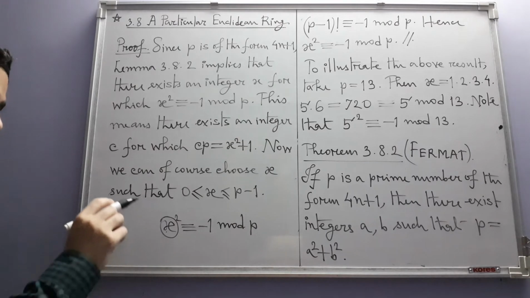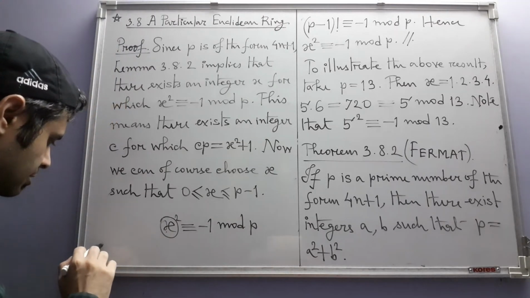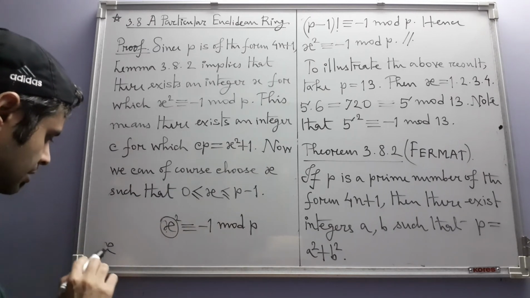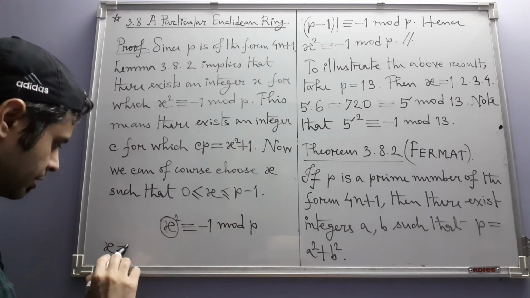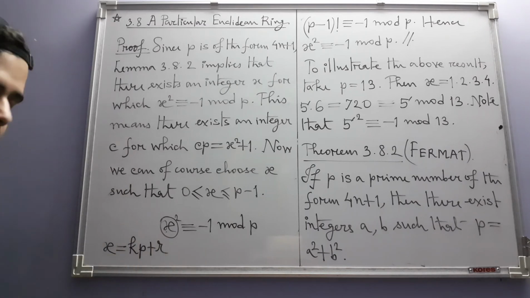That remainder will also be a solution to the congruence. In other words, if you divide x by p, you get kp plus r, where r is the remainder.